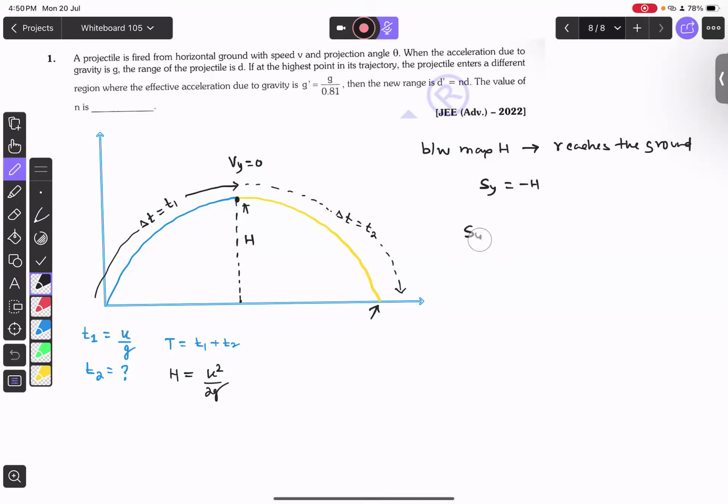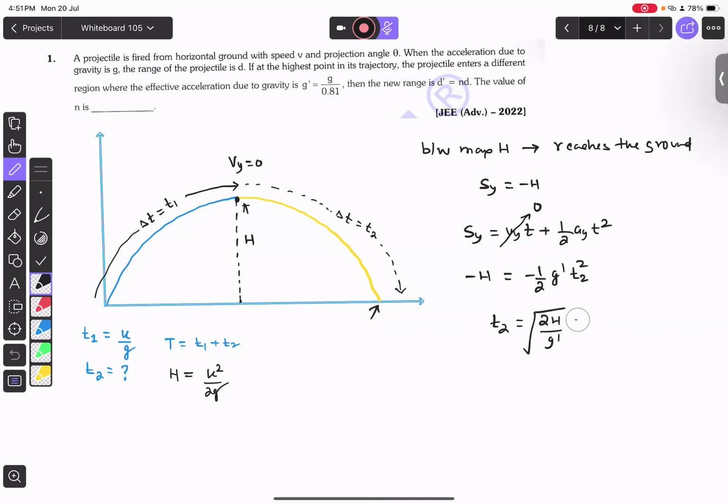So I'll use Sy equals uy t plus half of ay into t square. Initial velocity is 0. Displacement minus h. Acceleration is how much? Minus g dash. And time interval, that one I'm calling it as t2. So what t2 is going to become? 2h by g dash, no?